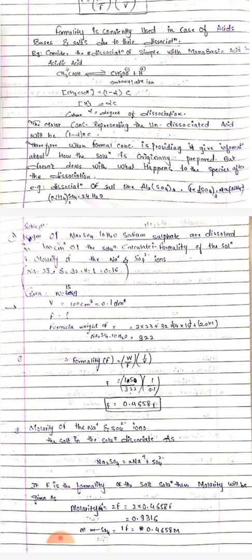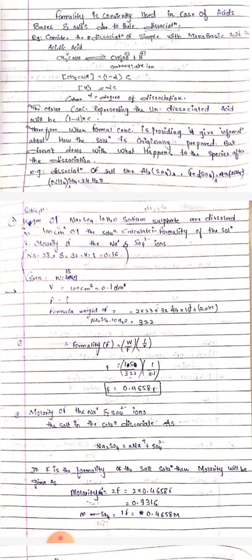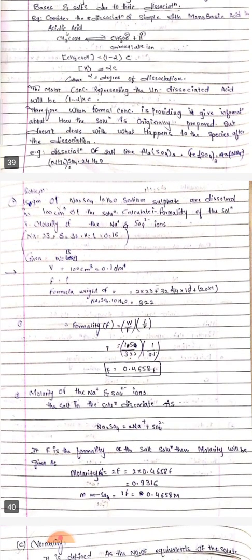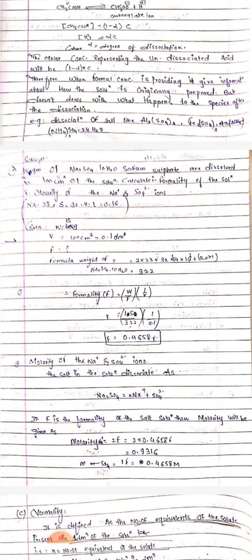W is equal to 50 gram, V is equal to 100 cm3, that is 0.1 dm3. F, the formula weight, we have to calculate. Once you calculate the formula weight, formality is F is equal to W by F into 1 upon V. The formality is 0.468.